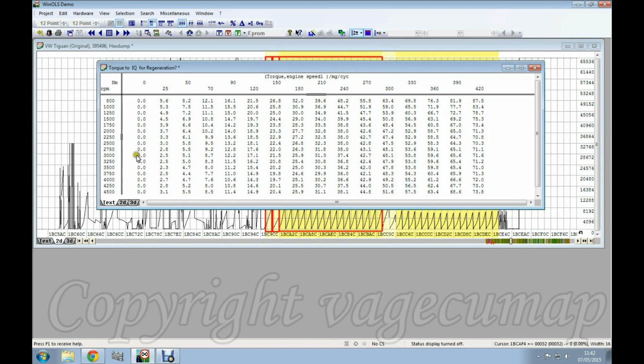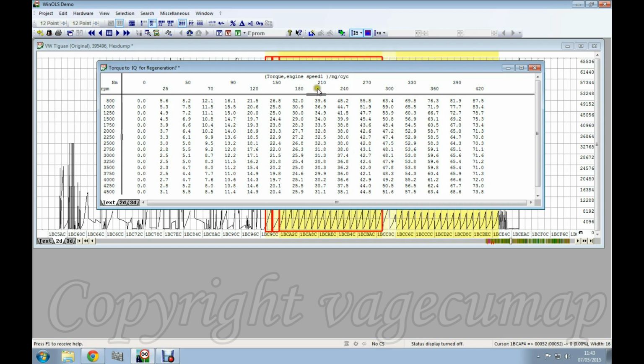So we can say to ourselves, well, let's have a look. 300 at 3,000 revs and we need 48.1 milligrams of fuel. So 48.1 milligrams of fuel at 3,000 revs per minute should give us 300 Newton meters. So that's basically what this map is for. It's just translating one thing into another.